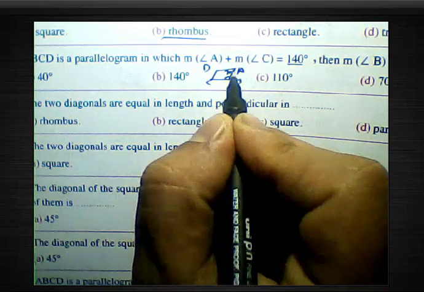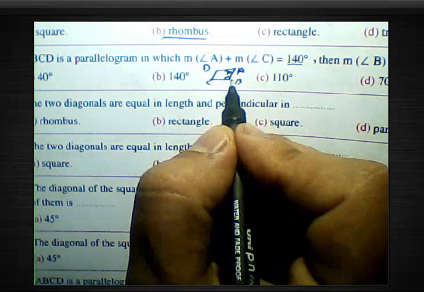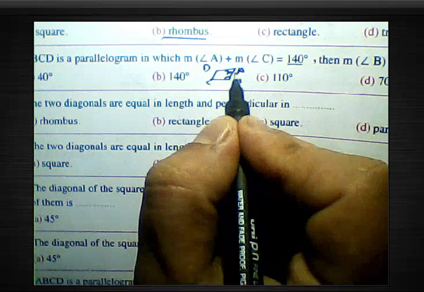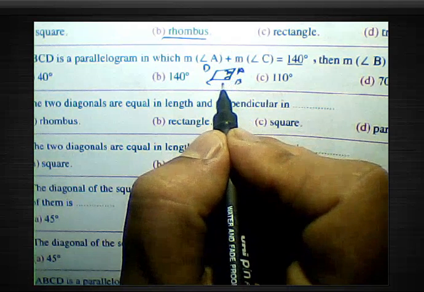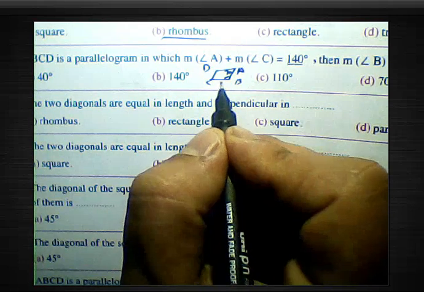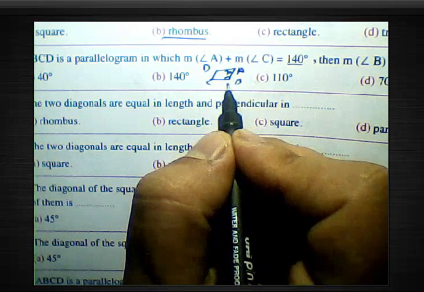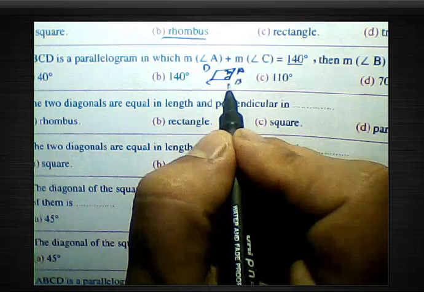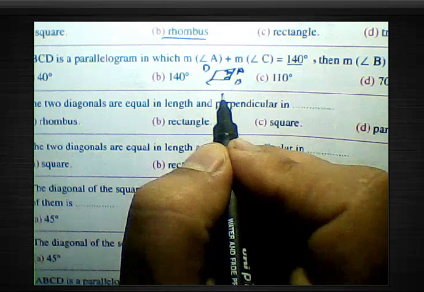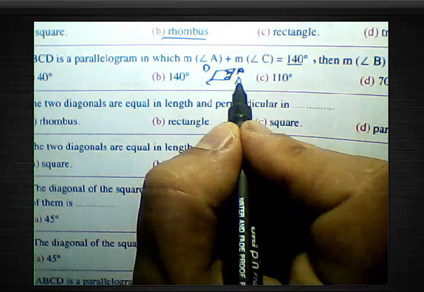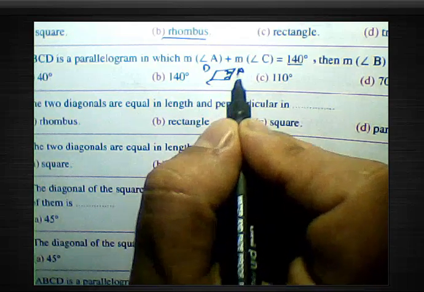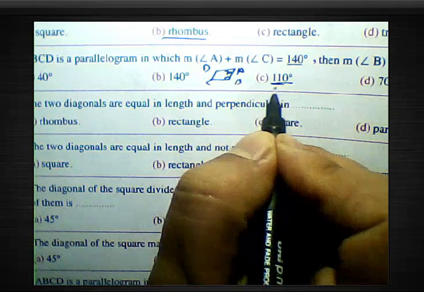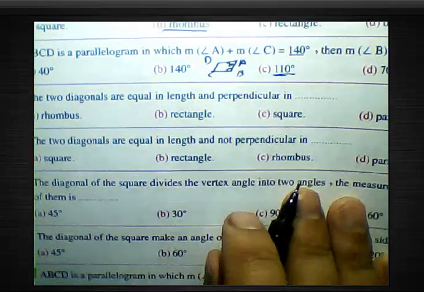The sum of the measures of two consecutive angles in a parallelogram equals 180, so 180 minus 70 equals 110. The result will be 110.